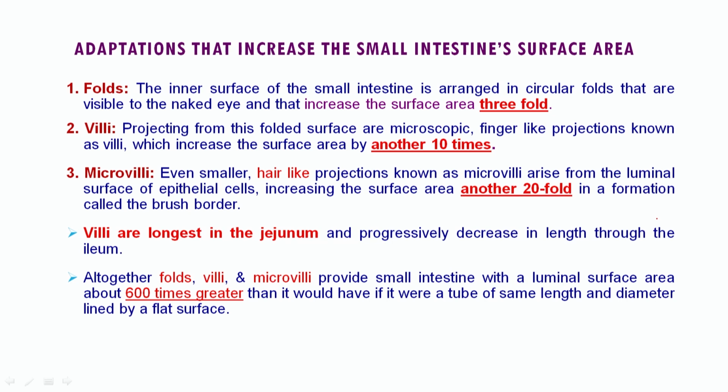Villi are longest in the jejunum and progressively decrease in length through the ileum. Altogether, fold, villi and microvilli increase the surface area of the intestinal tract by 600 times.